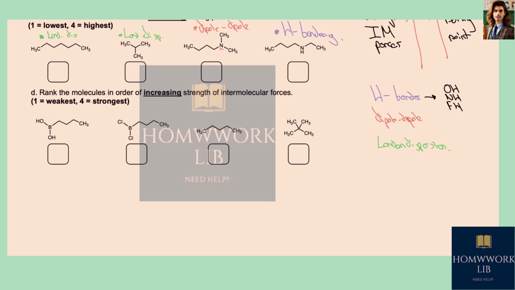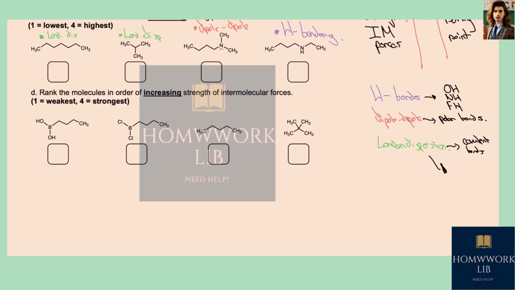These are going to be the most common ways in which we're going to find hydrogen bonds available in our structure. For dipole-dipole interactions, we're going to have polar bonds. And London dispersion forces are going to be everything else, essentially everything that is just simple covalent bonds or that are not just covalent bonds.